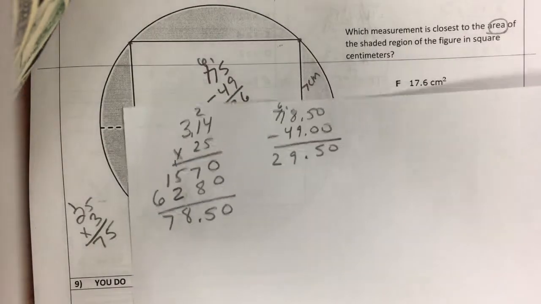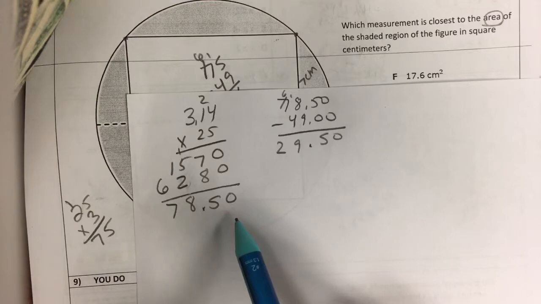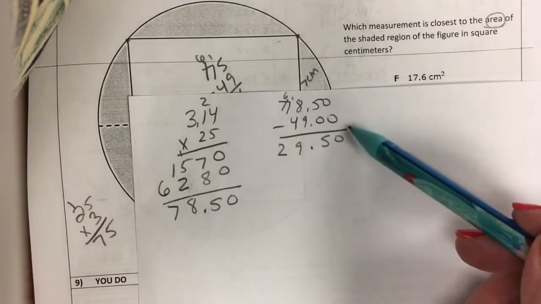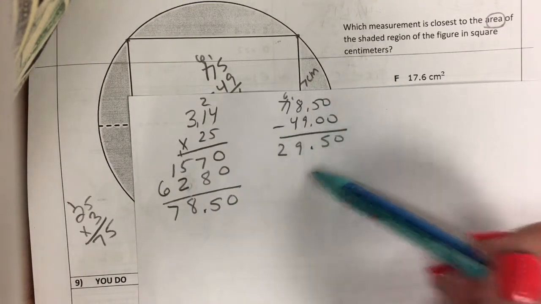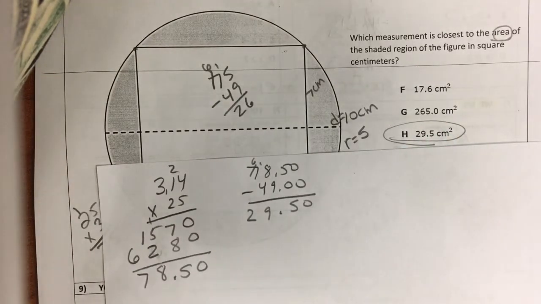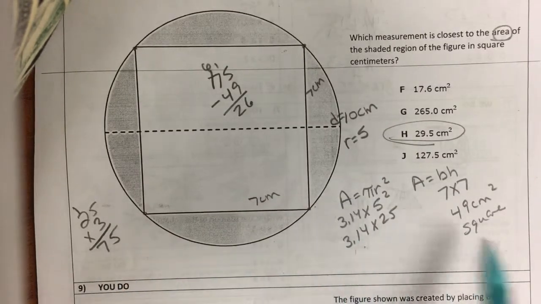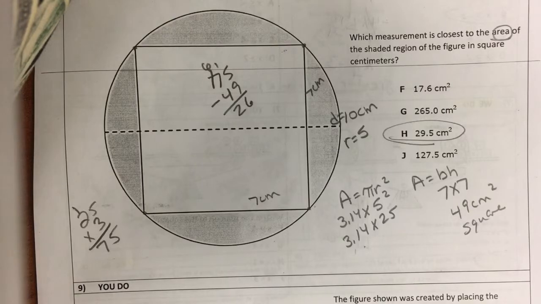If I multiply by 3.14 for pi, I get that the circle is 78.5. Then when I subtract off the area of the square, I get 29.5, which is the answer choice. That's a little bit more accurate, but I can get close enough and not worry about decimals by just multiplying by 3.